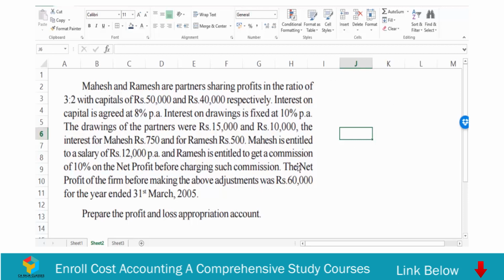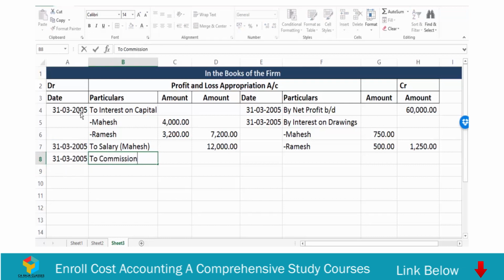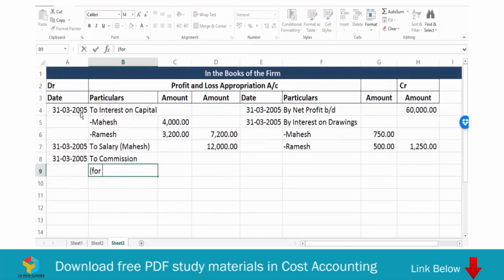Eventually we'll get the profit, and that profit will be distributed between Mahesh and Ramesh in the ratio of 3:2. So now our next challenge is finding commission. That should also be on this date. To commission, and I think it's not Mahesh, it's Ramesh. Yeah, it is for Ramesh.